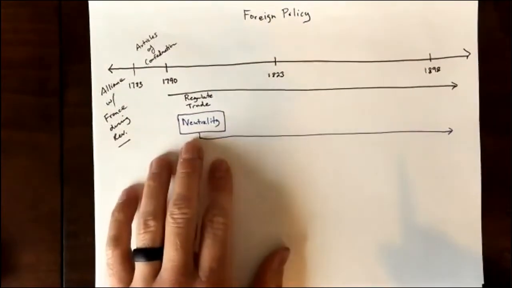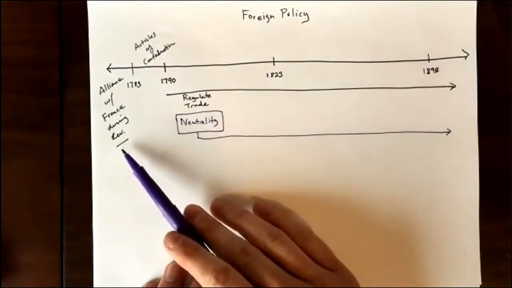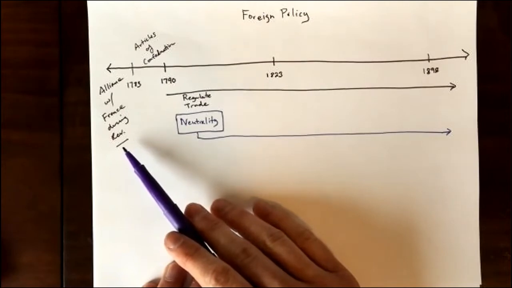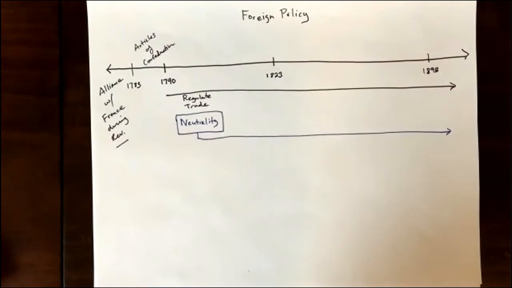So where does this policy of neutrality come from? Well, it starts because of the French Revolution. Now, if you guys remember right, way back during the American Revolution, the French had given America aid. And as part of that alliance with France, we had basically agreed to help France if they ever needed our assistance.